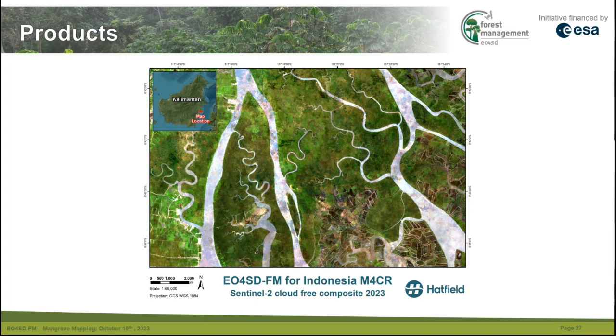We will still be able to accurately map mangrove, non-mangrove, and mangrove condition with composites of this quality. And this is one of the most challenging areas in the world, I think, to make cloud-free composites.